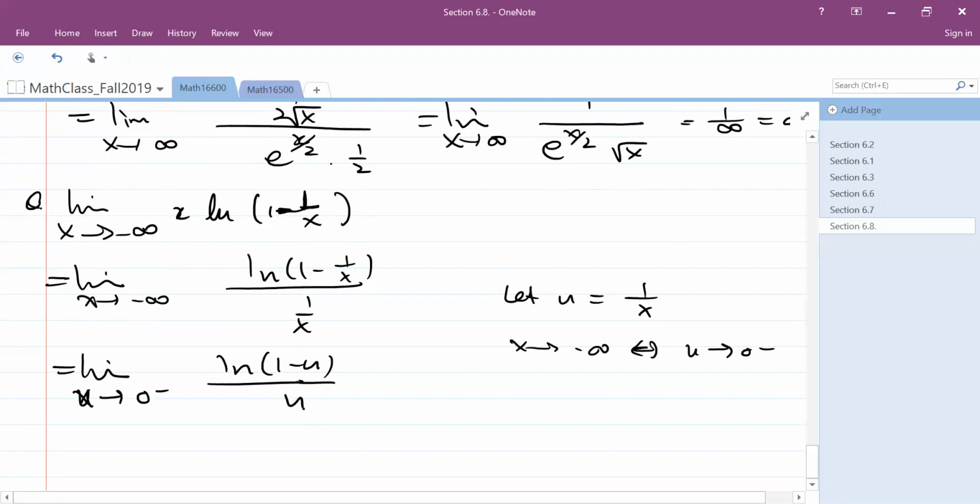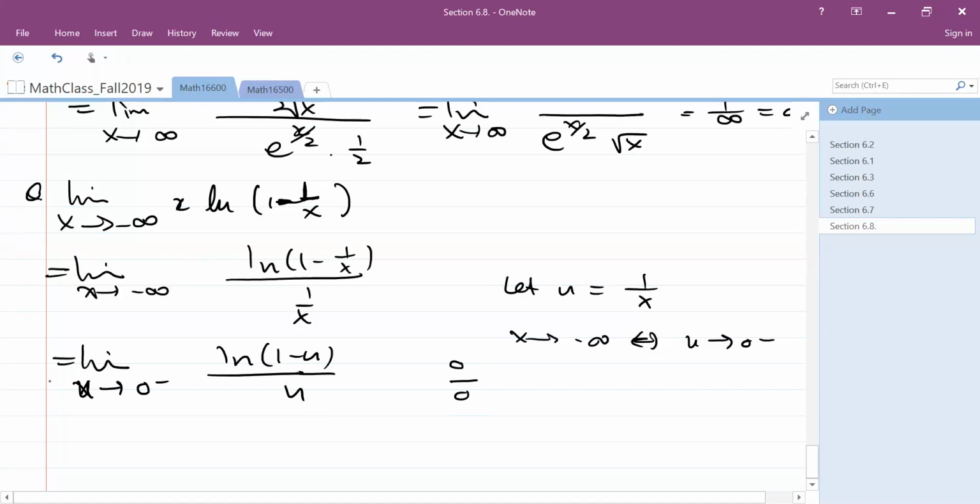Right, so much simpler, right? Then I look at what type this is. It's clearly denominator approaches 0, right? The numerator approaches natural log of 1 minus 0. Natural log of 1 is going to be 0. It's also 0 over 0 type. So there I can apply L'Hopital's rule.